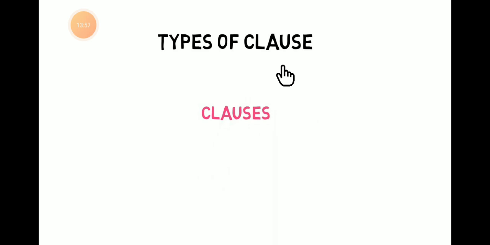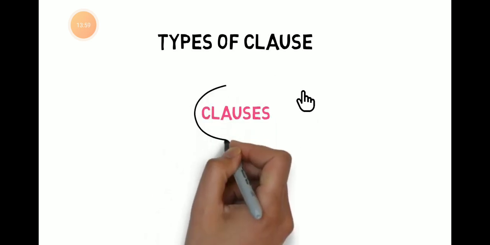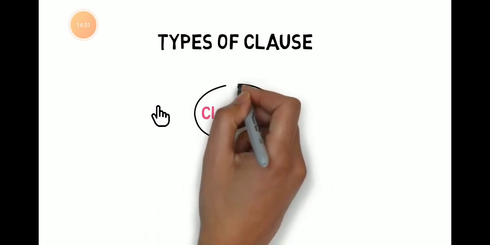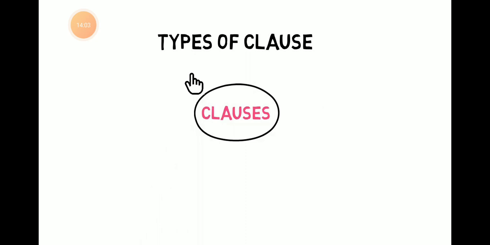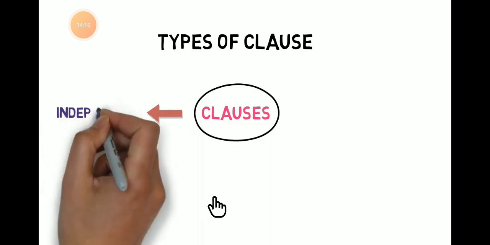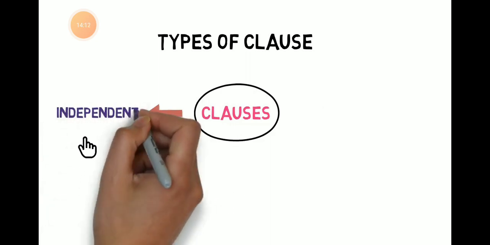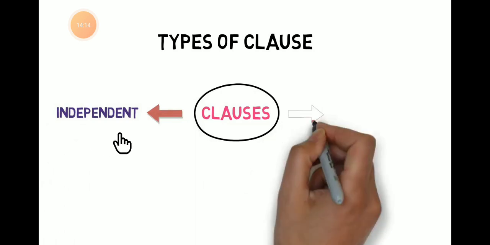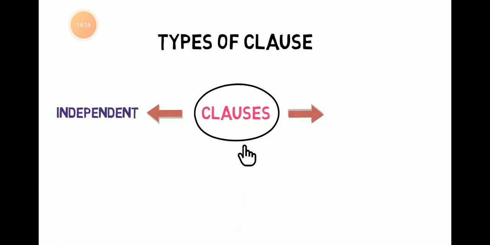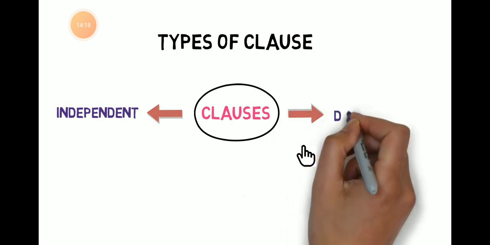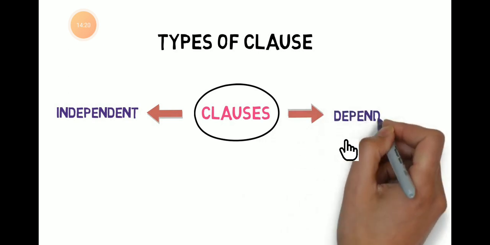So how many types of clauses are there? Yes, now look over this. We are going to learn about the second part of it, types of clause. The first type of clause is independent clause. And the second one is, obviously, dependent clause.